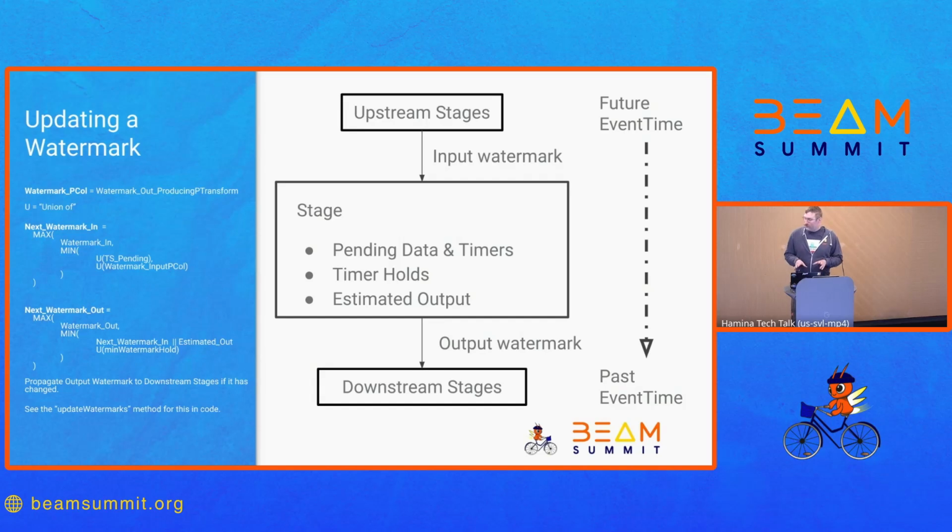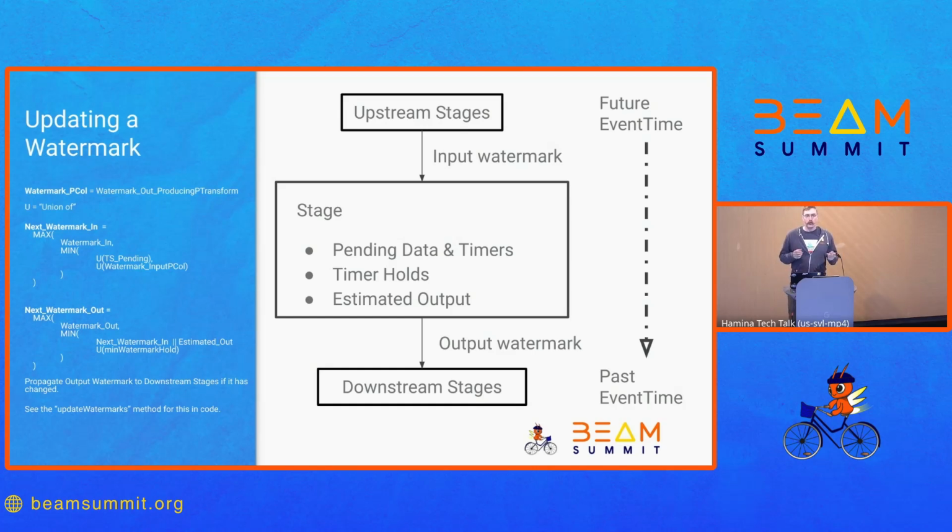This slide contains a lot, but it is as compact as I could make explaining how a watermark is actually calculated. For a given stage, there is the input watermark, which is whatever has been produced as the output watermark from any upstream stages, and its own output watermark based on its current data.